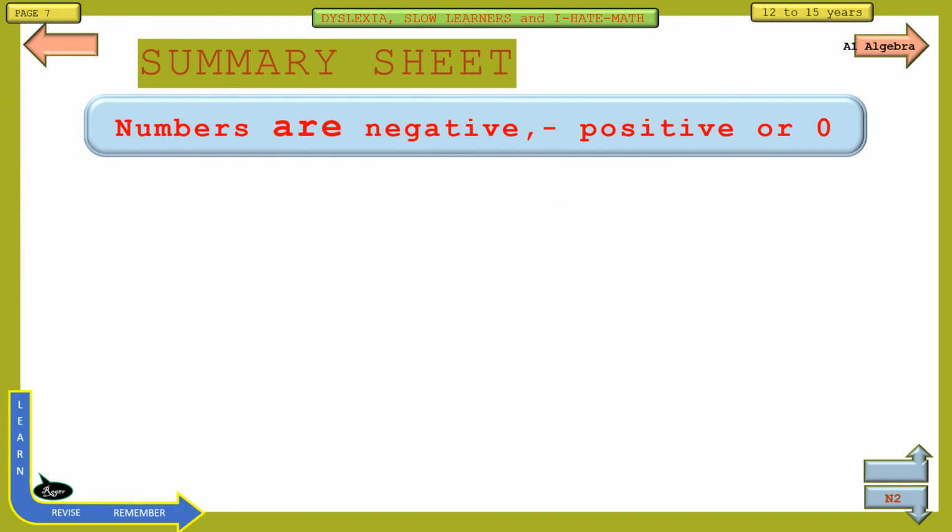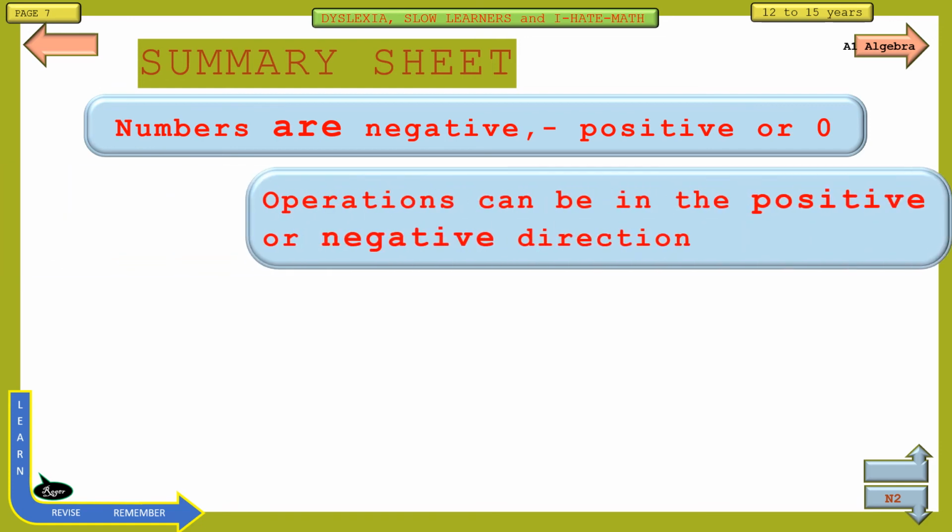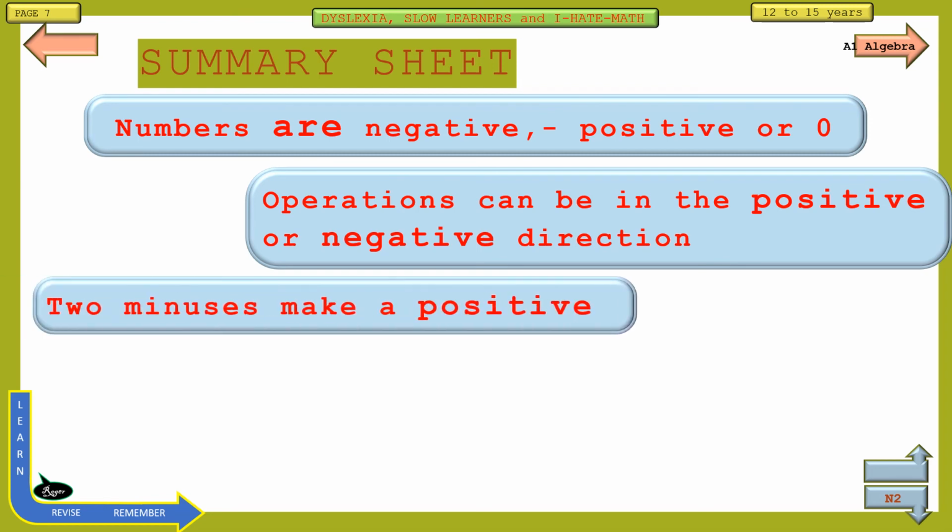Numbers are negative or positive or 0, but technically 0 has been defined as a positive number. Operations can be in the positive or negative direction. Most important, two minuses make a positive.